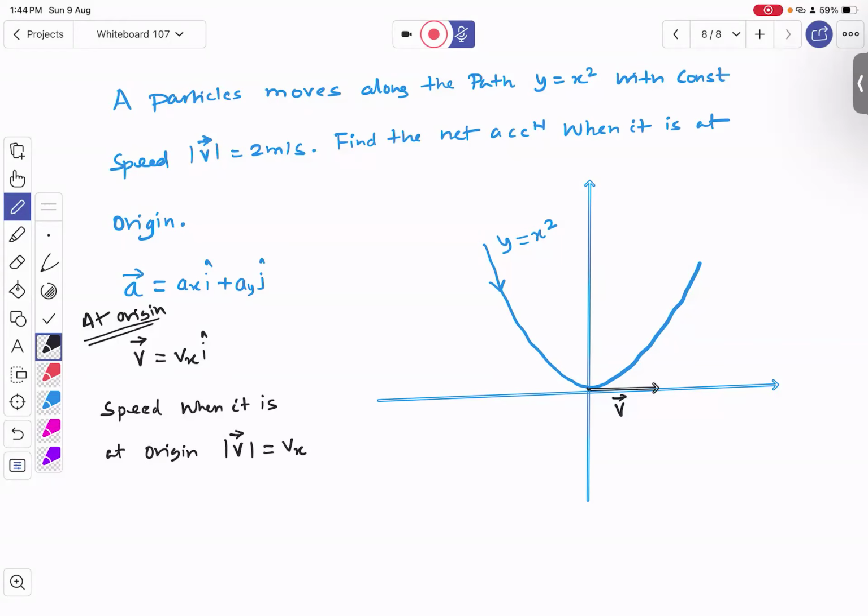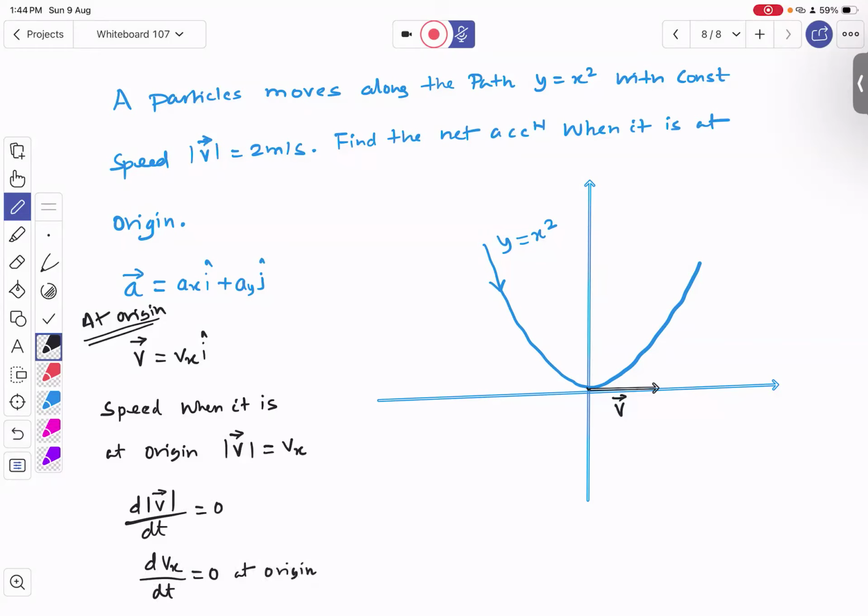And it is given that it is moving with constant speed. It means its rate of change of speed must be 0 everywhere, even at origin. And rate of change of speed being 0 will tell us that the rate of change of the x component must be 0. I don't know what it will be at other places, but at origin this is true.